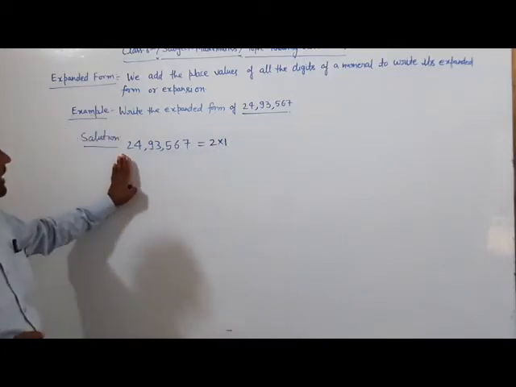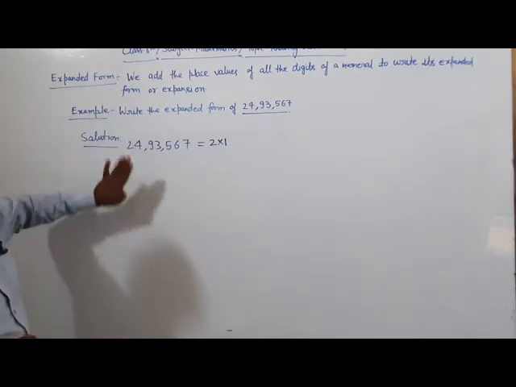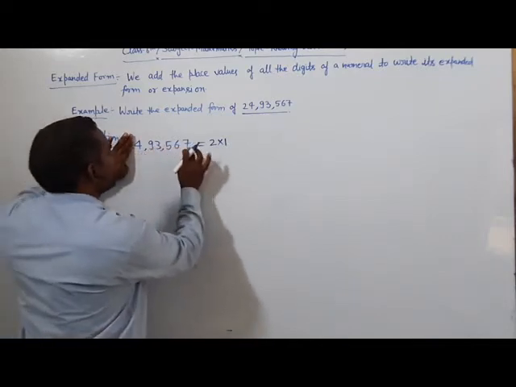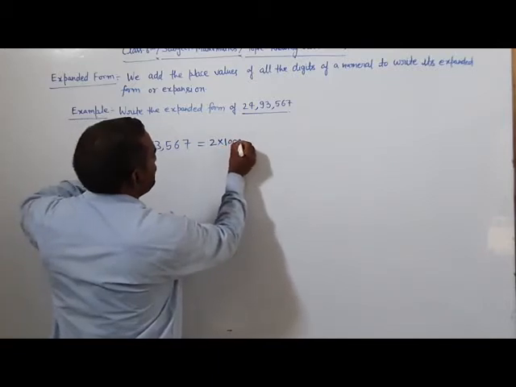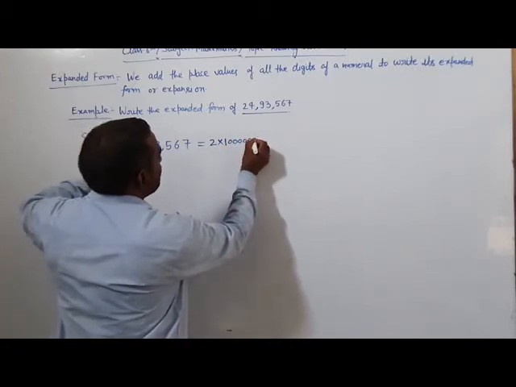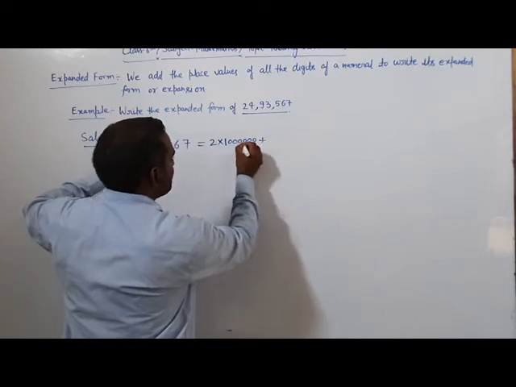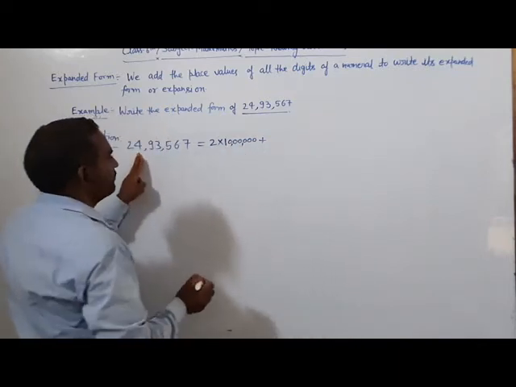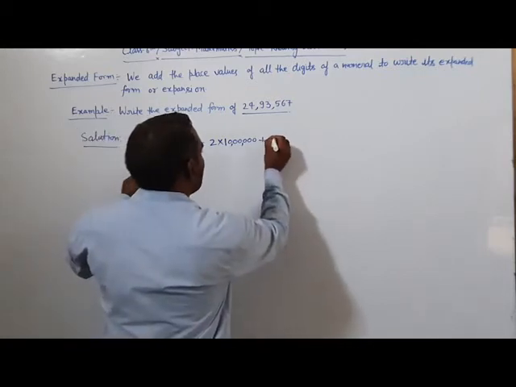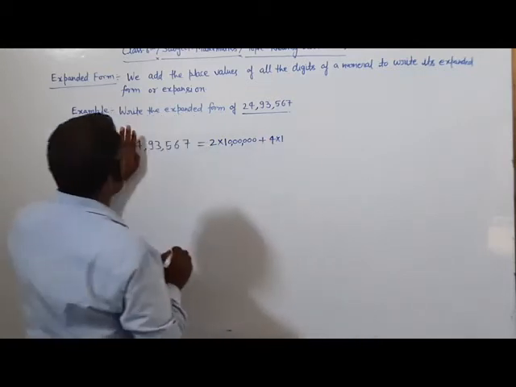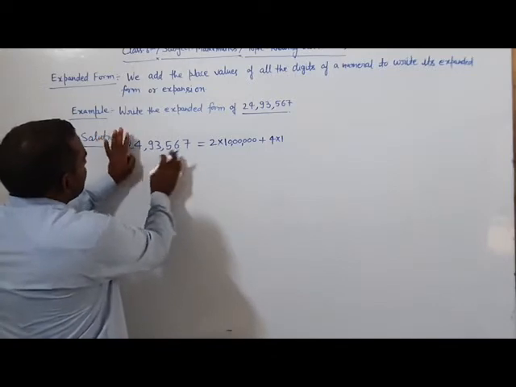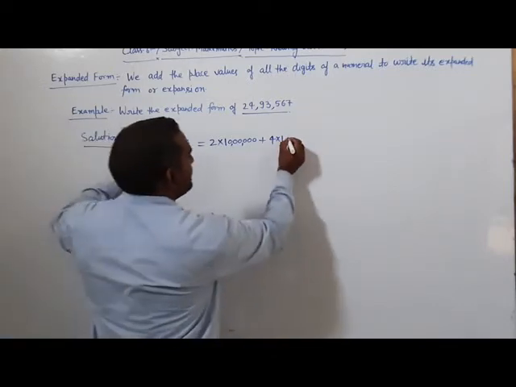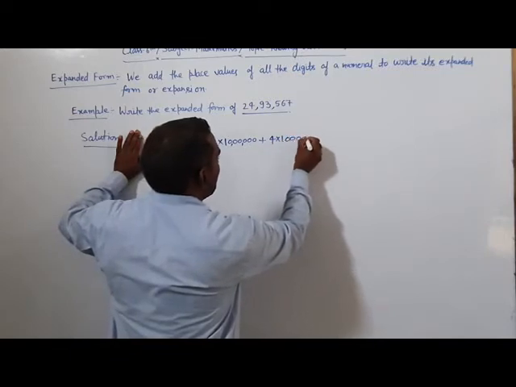Now count the digits after 2: 1, 2, 3, 4, 5, 6, so 6 zeros, plus. Now place value of 4 into 1, now count the remaining digits after 4: 1, 2, 3, 4, 5.